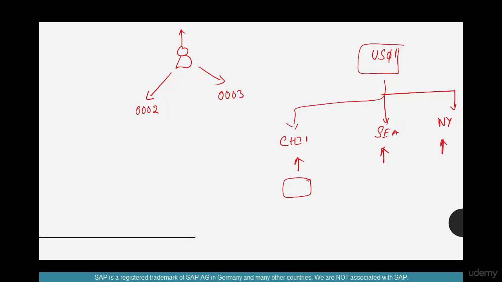That means that you can choose to have a vendor pay in net 45 in Chicago and net 60 in Seattle.